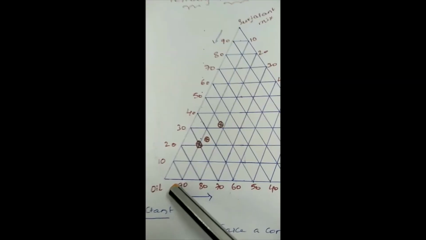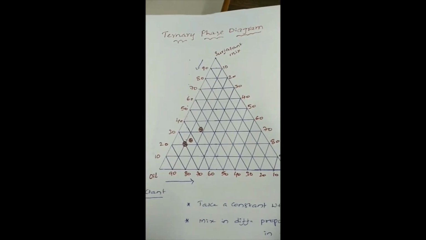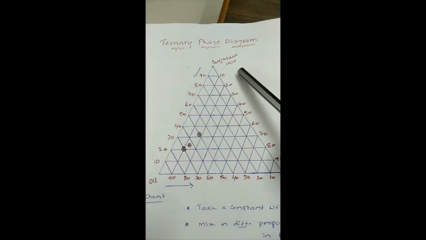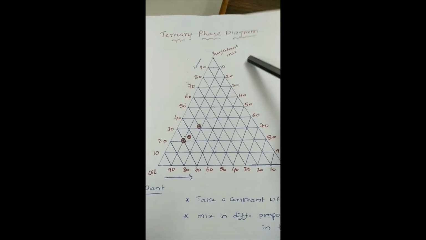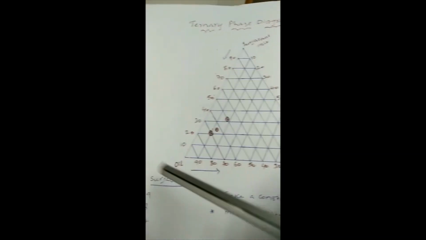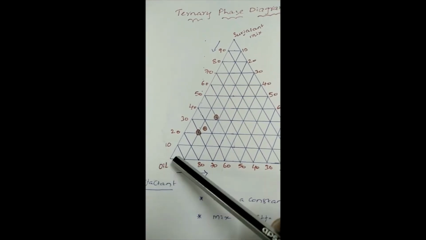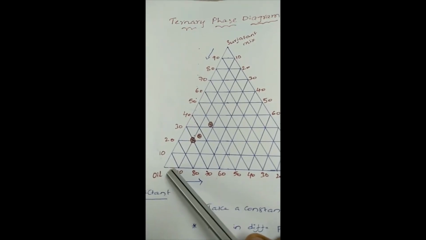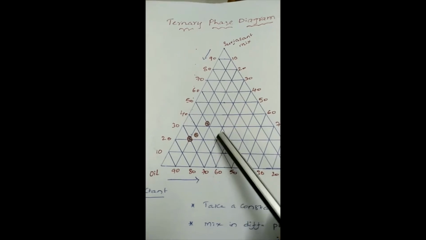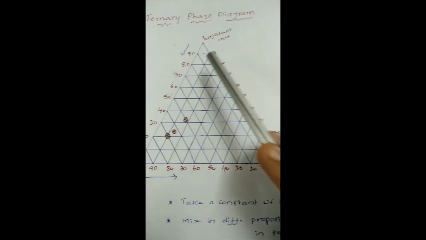Two things you need to remember while plotting ternary phase diagrams. These components are interchangeable, meaning you can take any component at any corner. Here I started with oil, surfactant mix and water. At the corner where a component is present, it is 100% present, and it decreases along the diagonal lines, finally reaching 0% at the opposite point.